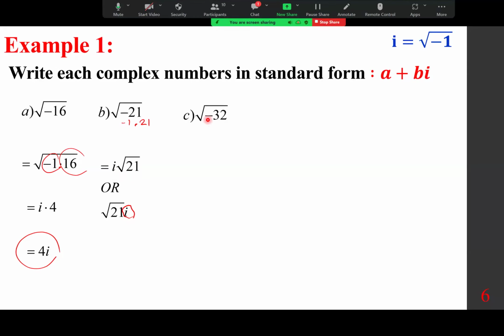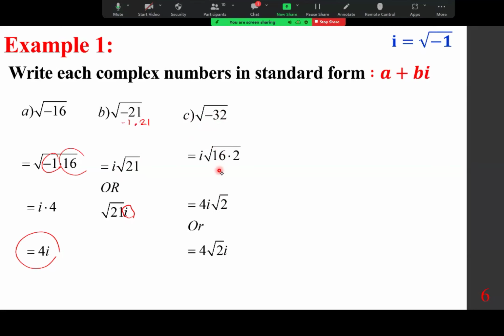So in short, negative under the radical, square root, okay? You replace it with i outside. So this -1, we are going to replace it with the i outside. What about 32? You know, 32 is the product of 16 and 2, and 16 can come out as a 4.